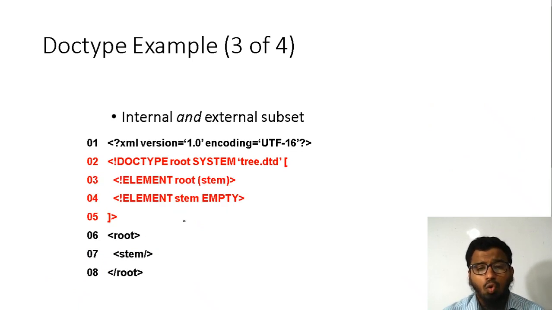Next, in this code, both internal as well as external, you can write both in one also. How they did it is exclamation mark DOCTYPE root SYSTEM tree.dtd. So this is exclamation mark ELEMENT root system and exclamation mark ELEMENT stem empty.